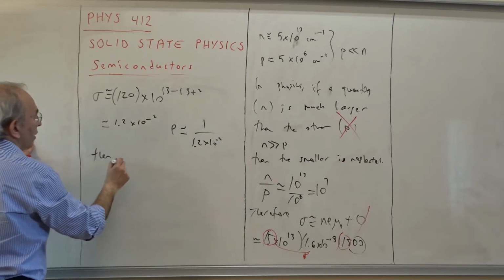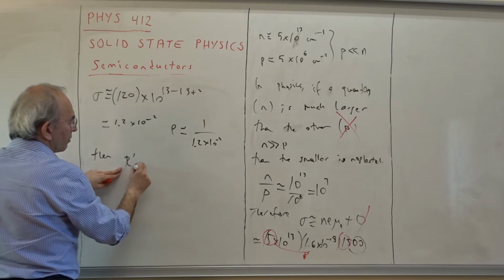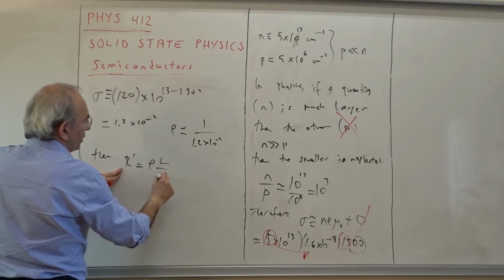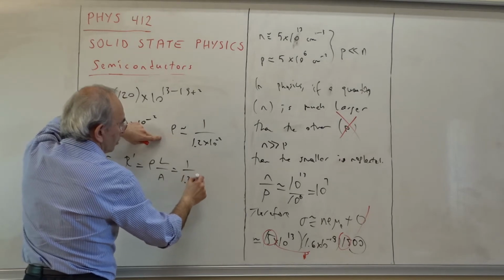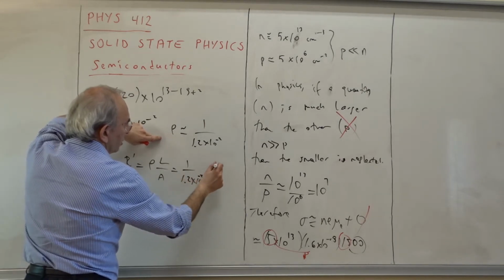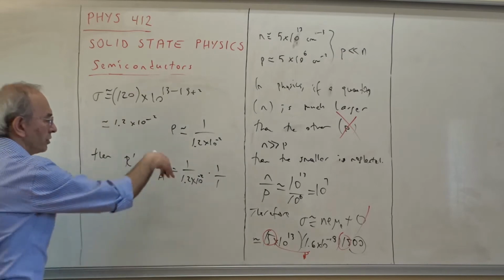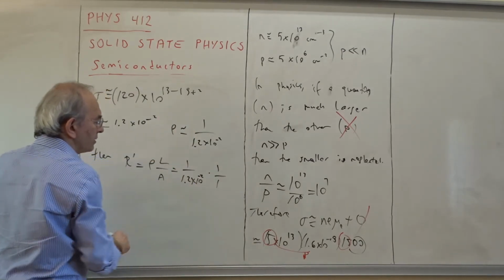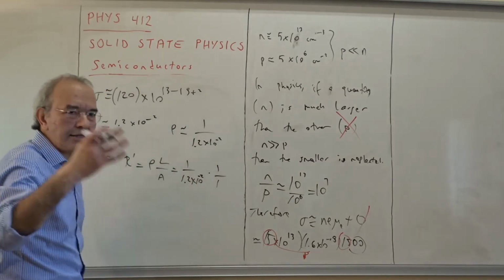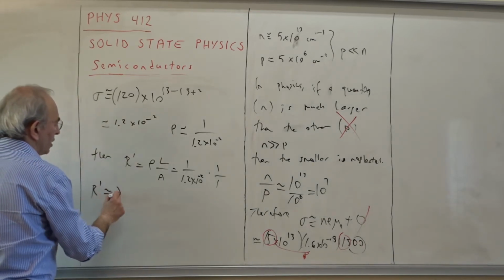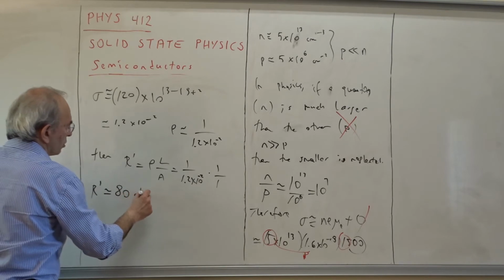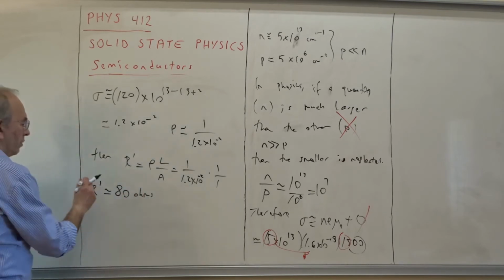Then, the resistance R prime is rho L over A. What is rho? 1 over 1.2, 10 to the minus 2, times 1 over 1. So this is approximately 100, a bit less than that, maybe, let's say, 80. Okay? Then R prime is approximately 80 ohms. Alright?